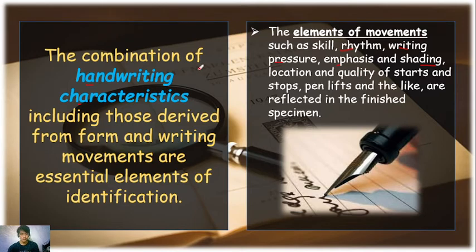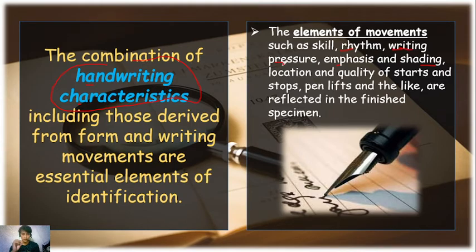So these handwriting characteristics are one of the things that we are focusing on, not just simply how he wrote letter B or paano yung itsura ng letter B niya, but we are going also to consider the deeper details, like writing pressure.